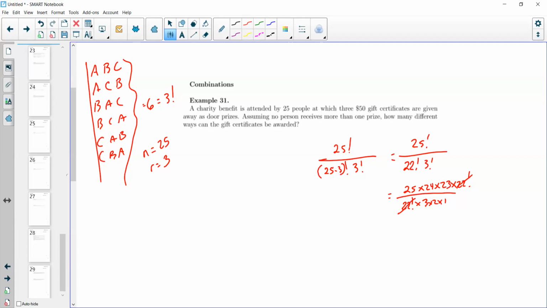So the 22 factorials cancel out again, and that's 6. 25 times 24 times 23 is 13,800. Divide that by 6, and we get 2,300. So that's a lot different with the order not mattering.